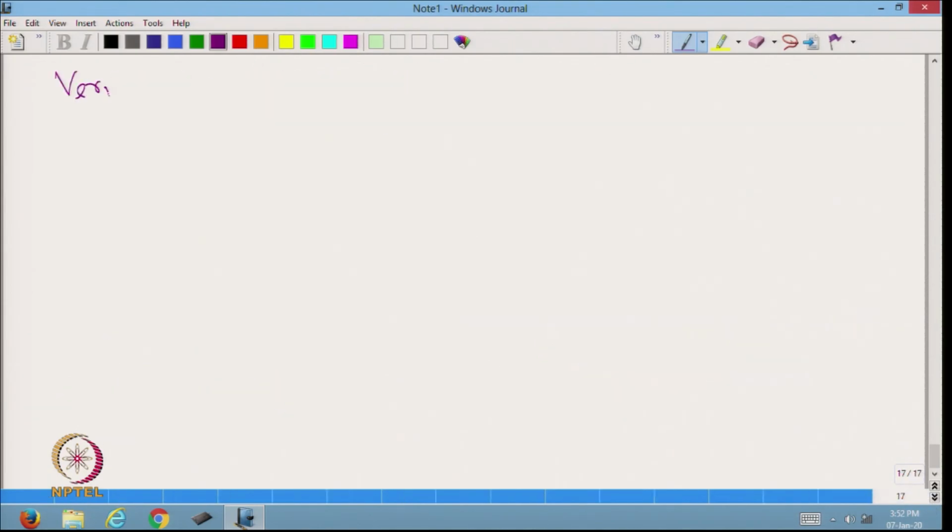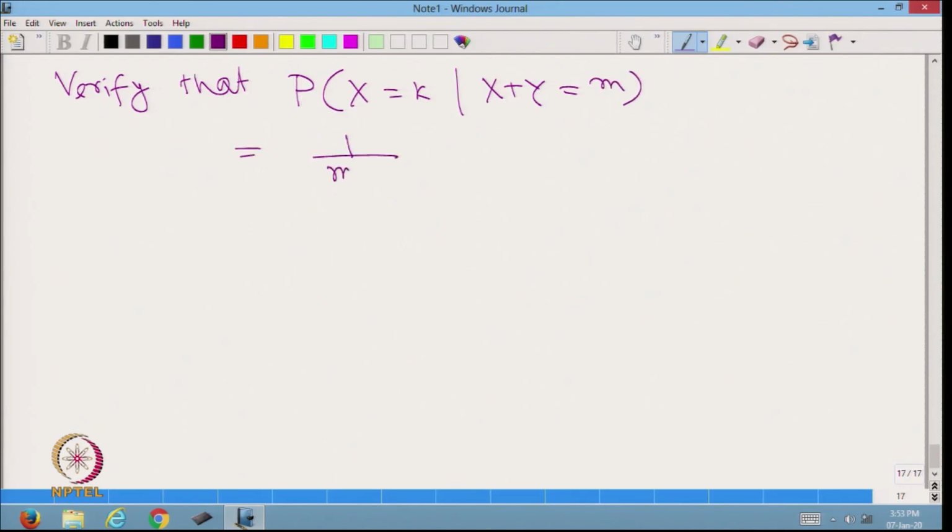Verify that probability x is equal to k given x plus y is equal to m is 1 upon m minus 1 for k is equal to 1, 2, 3 up to m minus 1.